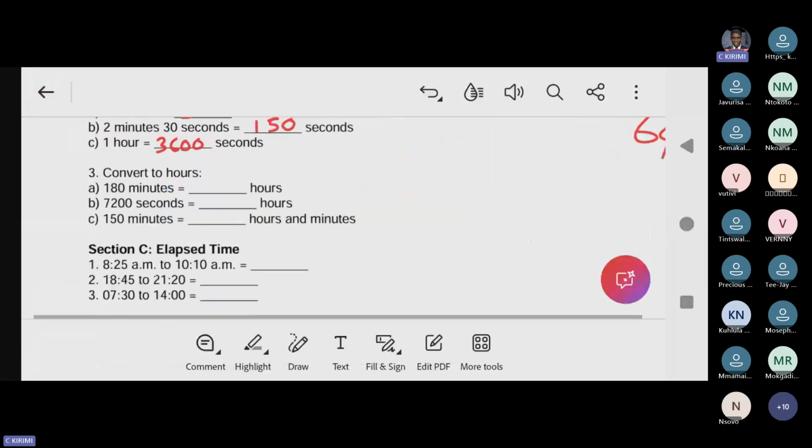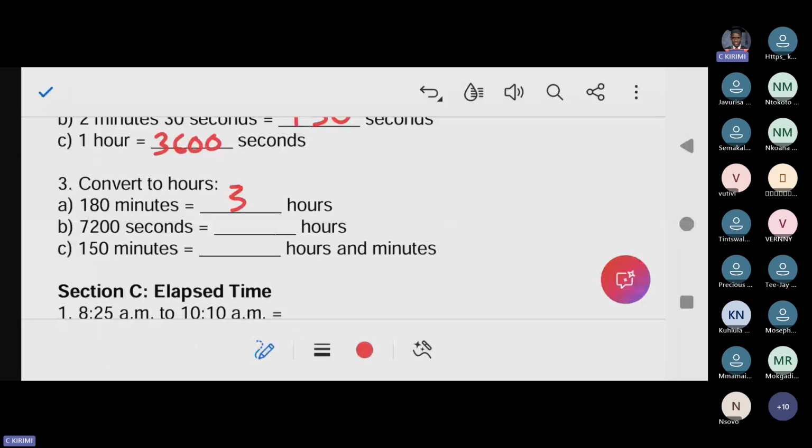Next, 7,200 seconds to hours. We know the conversion rate: 1 hour is equal to 3,600 seconds.